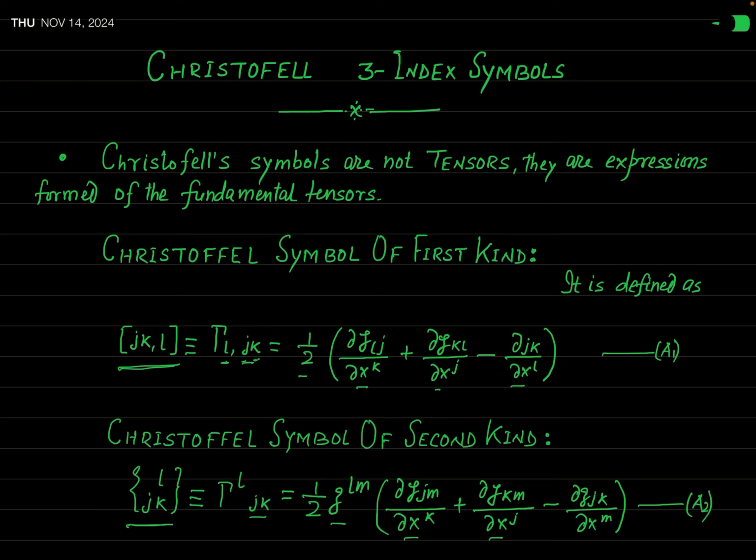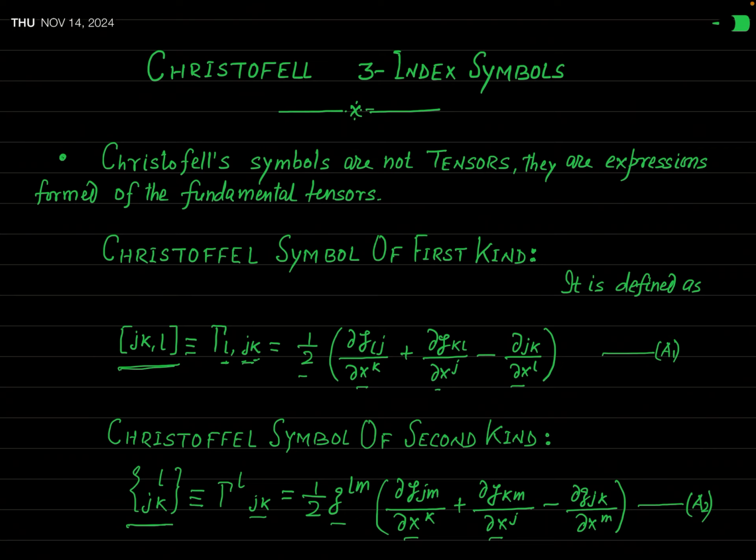You can see here, what are these g's? You know, these are the fundamental tensor, and every g here actually represents the fundamental tensor, or you can say the metric tensor.